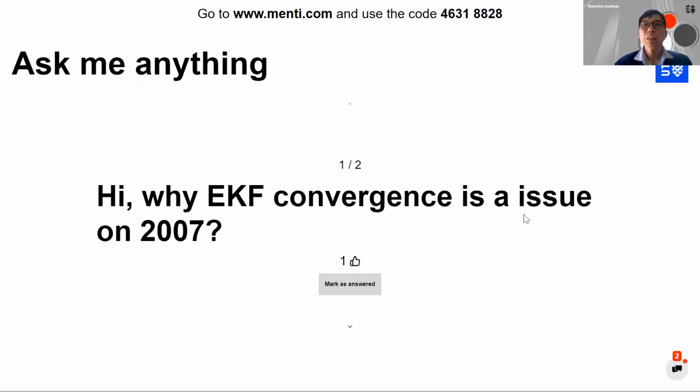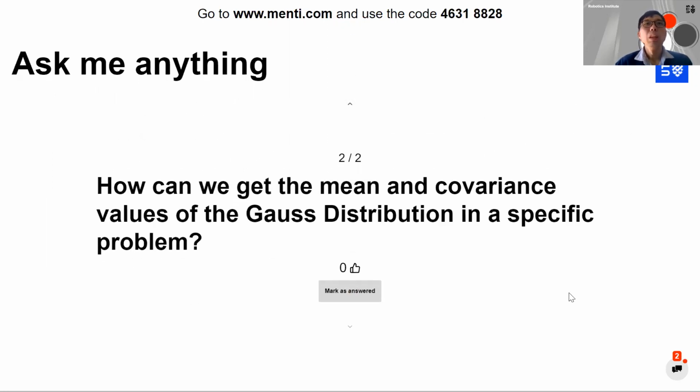I think we have another question. How can we get the mean and the covariance of the Gaussian distribution in a specific problem? Yeah, that's also a good question. For the measurement model or sensor model, we need to have an understanding of the sensors, the quality of the sensors.